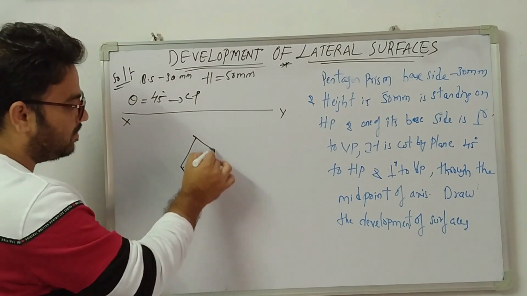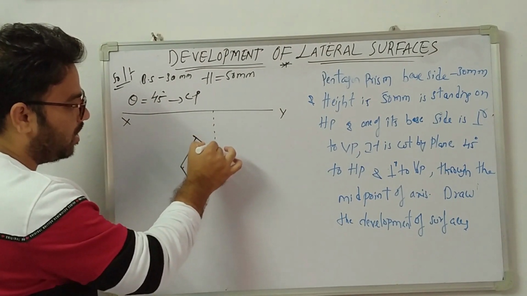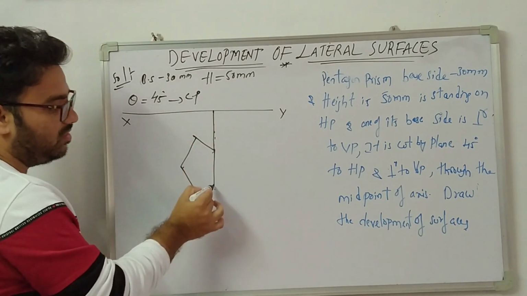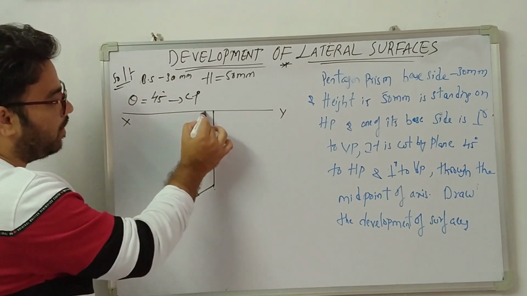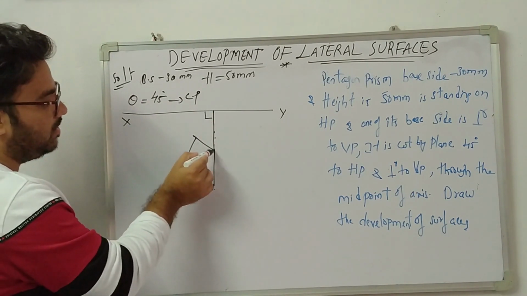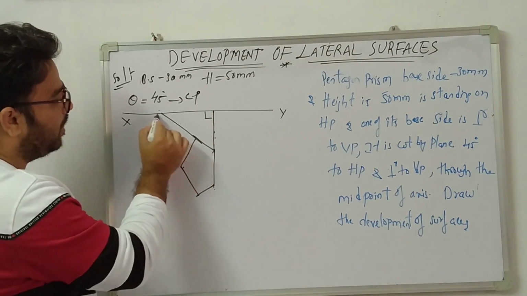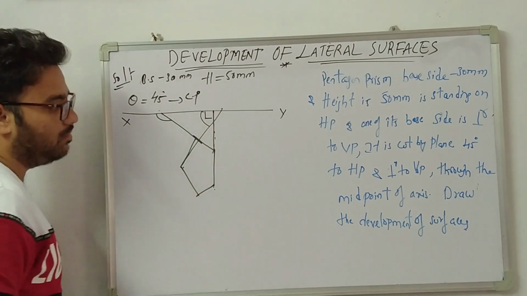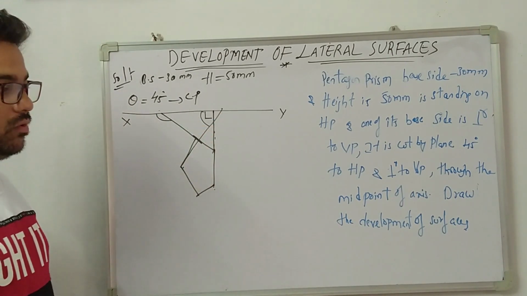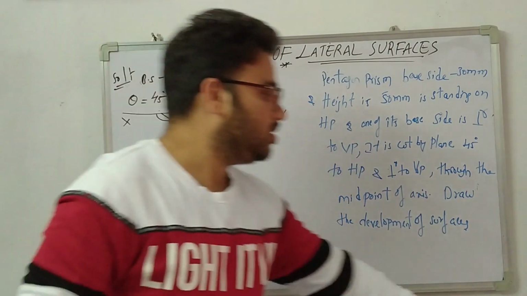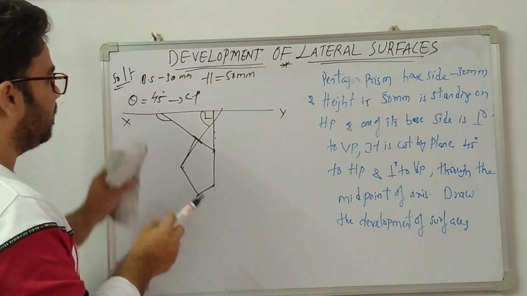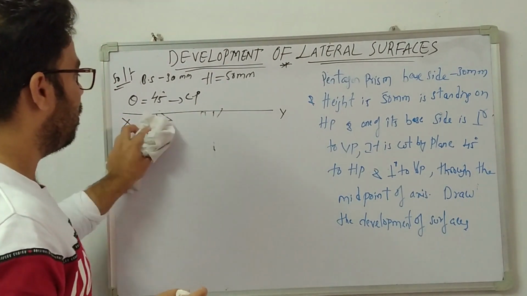If I take this base side, extend it to the reference line and draw a projection line, I will get a perpendicular symbol. If I extend this side, you can't get a perpendicular symbol. So this diagram we have to draw, since in this problem the base side is perpendicular to VP.